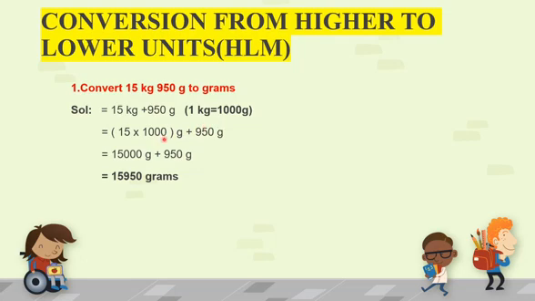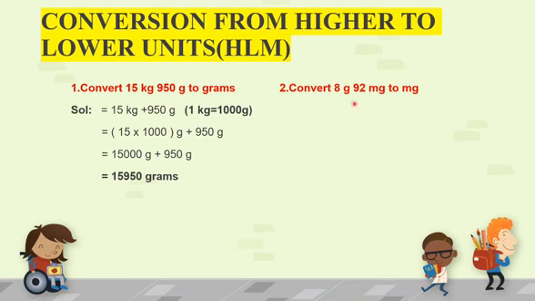After finding the relationship between the units, we multiply 15 by 1000, and 15 into 1000 is 15,000 gram. 950 is already in gram, so bring it down as it is. Then with the sign of plus between these two numbers, add. Your answer will be 15,950 gram. Let's see another question.